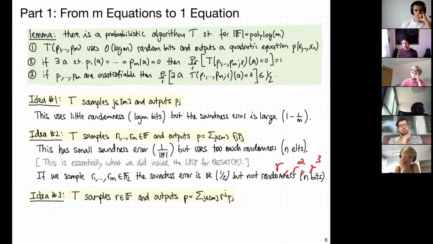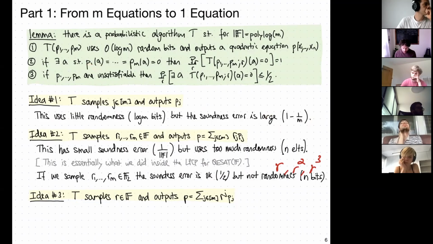But let's take this at the end of the lecture; I'll stay around and we can write everything down and I'll try to convince you. Okay. And also regarding the question in the chat regarding the soundness of the first idea, this is simply because there are m different equations and we choose one of them at random.